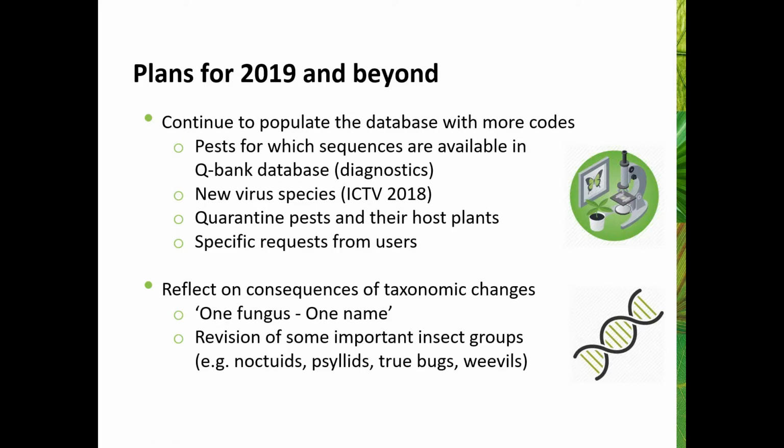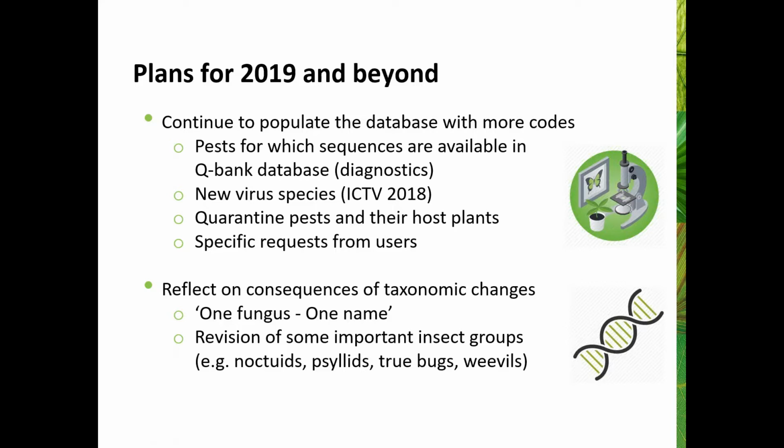So what are our plans for this year and beyond? Of course, we certainly want to continue to populate the database with more codes. In particular, EPPO is in the process of acquiring a new database, which is called QBank.